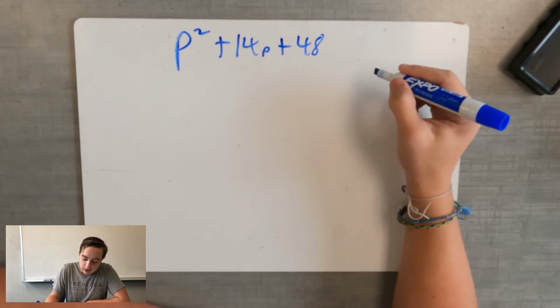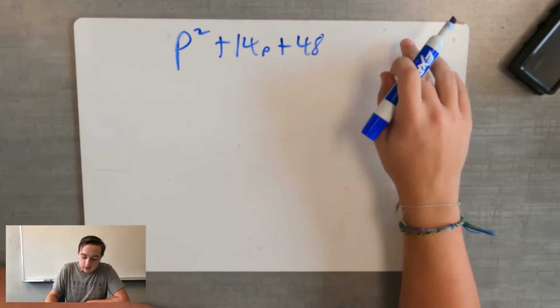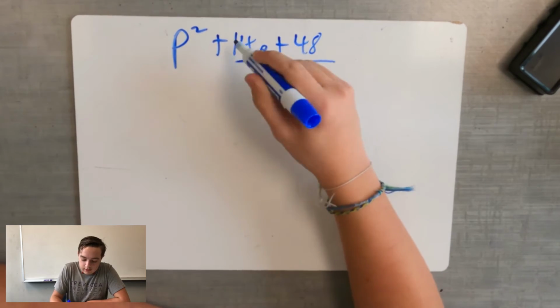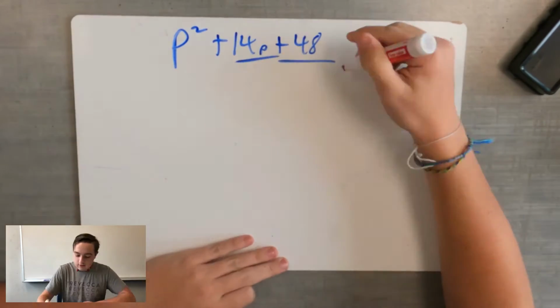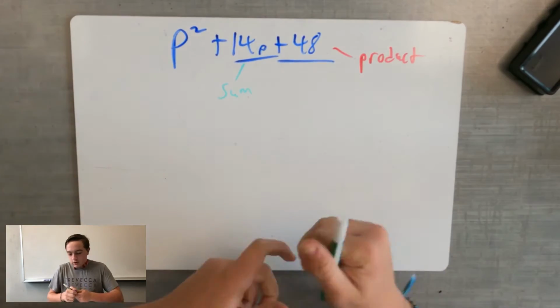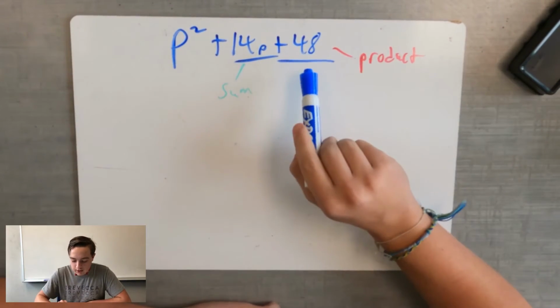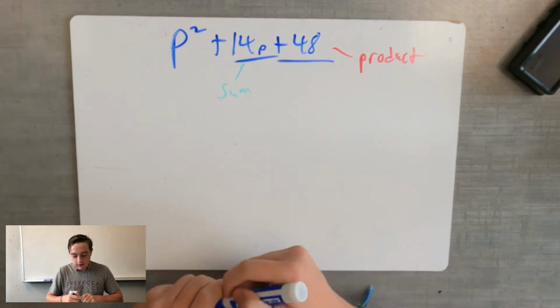All right, so the problem we're going to be working on today is p squared plus 14p plus 48. What I first look at is these two numbers right here. This is your sum, and this is your product. In context of this, we need to find what two numbers multiply to 48 and also add to 14. So let's first set up our parentheses.